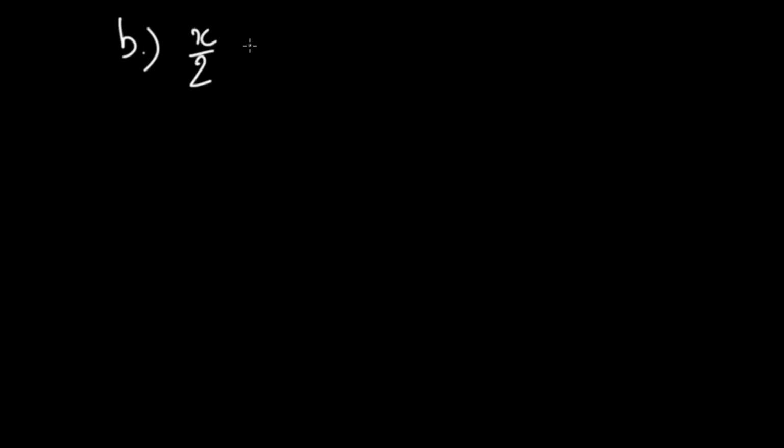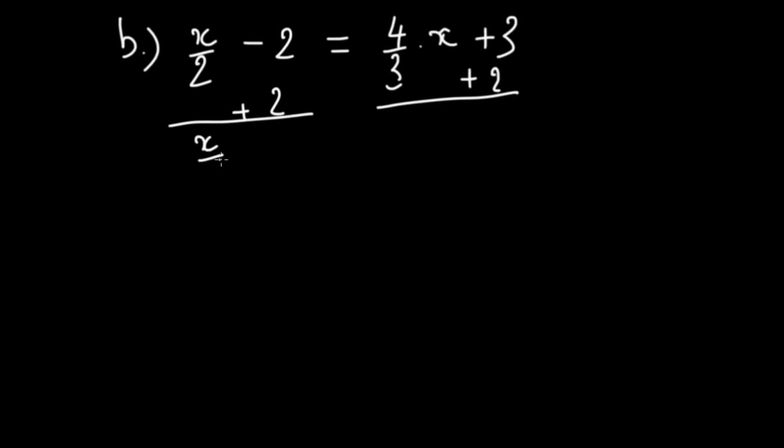x over 2 minus 2 equal 4 over 3 x plus 3. The first step we need to do is we can put all the numbers on one side of the equation. So we add both sides by 2. So the left hand side we got x over 2. Negative 2 plus 2 you got 0. And the right hand side 4 over 3 x you put it down.